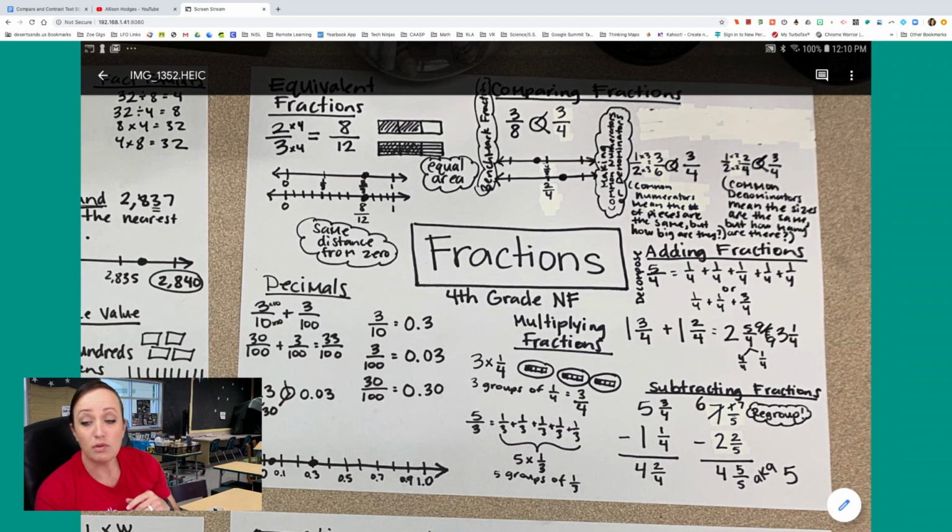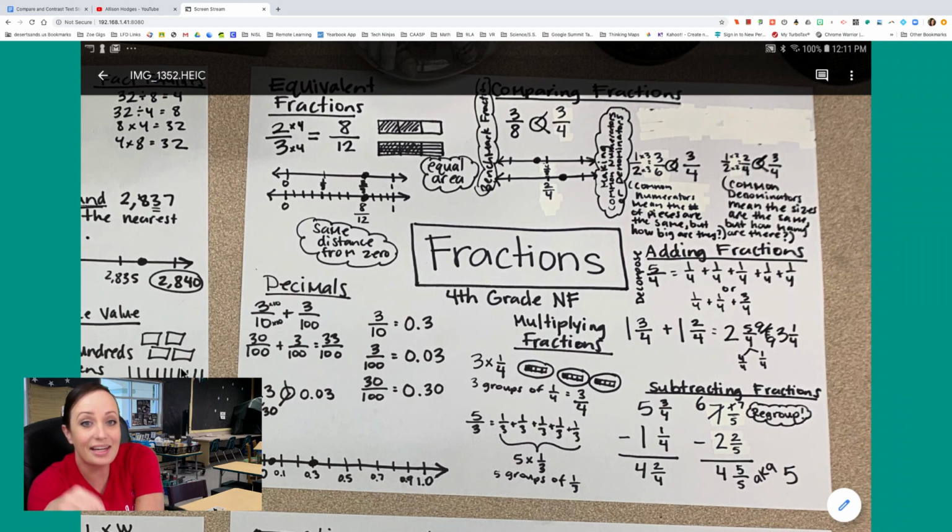Subtracting fractions, even with grouping when you're subtracting, which is kind of tricky, I think. Multiplying fractions, and then we even got into decimals as well last year. And so we're only making a 1-pager for division of fractions, but this 1-pager was all the fractions that we learned last year. And this was because we were preparing for SBAC.